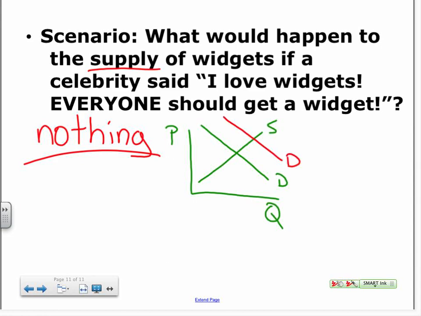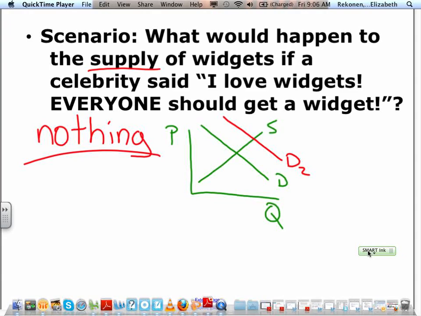So there's your D2 now. And it will affect the price and the quantity, but it will not affect the supply. So that is a trick question. The answer is nothing because it causes an increase in demand. It does not change the supply curve, which brings us into our next topic that we will be talking about. All right, that's it for supply and the law of supply and what changes or causes a change in supply.